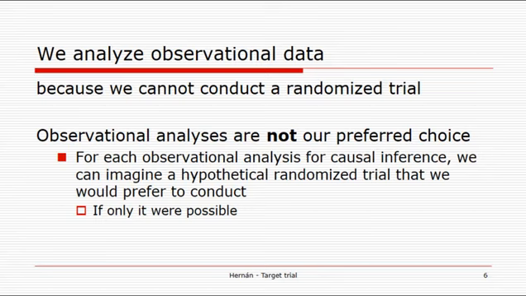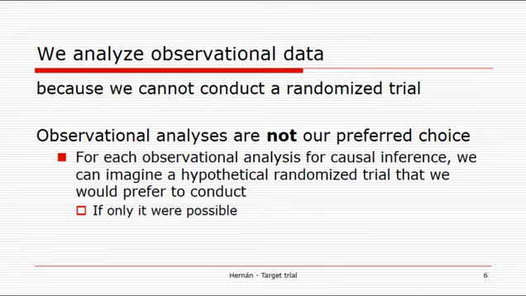If we could conduct a randomized experiment for the question that we are interested in, and we could do it now, we would do it, but we can't. So we can think of our observational analysis for causal inference as an attempt to emulate the randomized experiment that we would like to conduct, but we can't.